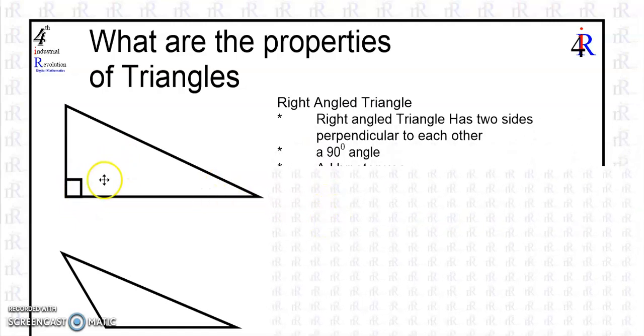Right. Then, opposite the 90-degree angle, we find the hypotenuse. This is the longest side in a right-angled triangle. Now, Pythagoras has proven the following theorem, that the sum of the squares on the adjacent sides will be equal to the square on the hypotenuse.